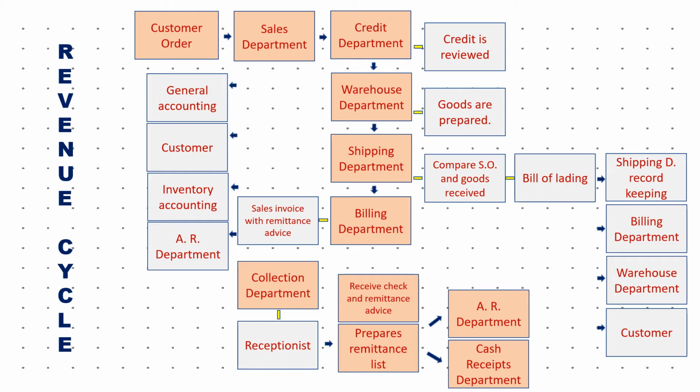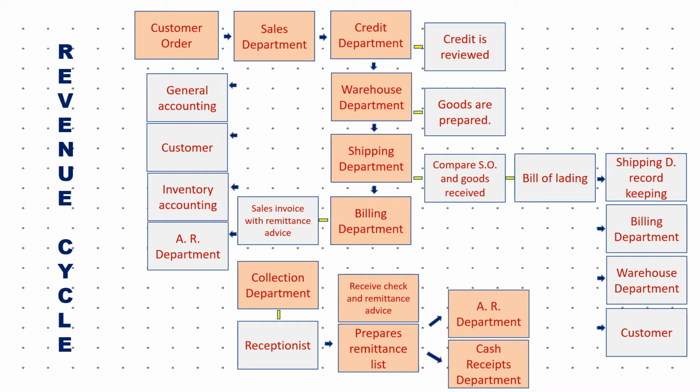In inventory accounting, nabawasan yung inventory. And lastly, makaka-receive ng sales invoice with the remittance advice is yung accounts receivable department. After that, we will proceed to the collection department.